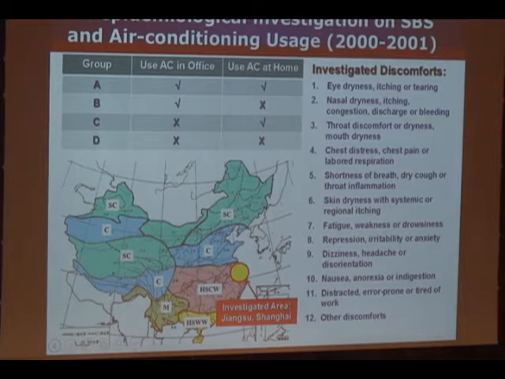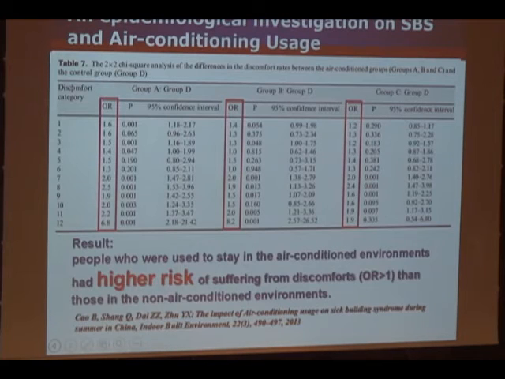We sorted the people into four groups: both family home and office use air conditioning; only the office or only the family home uses air conditioning; and both don't use air conditioning. The investigated discomfort symptoms include 11 typical ones, and the last one is other discomfort. What is the result? We compare group A, using air conditioning in both places, and group D, with no air conditioning at home or in the workplace.